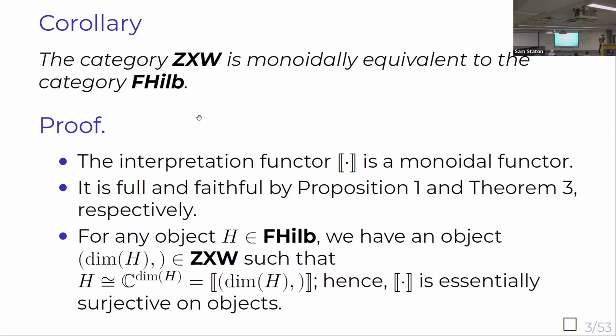So the category of ZXW is monoidally equivalent to the category of finite dimensional Hilbert spaces. So now we have a great calculus, which is equivalent to finite dimensional Hilbert spaces.